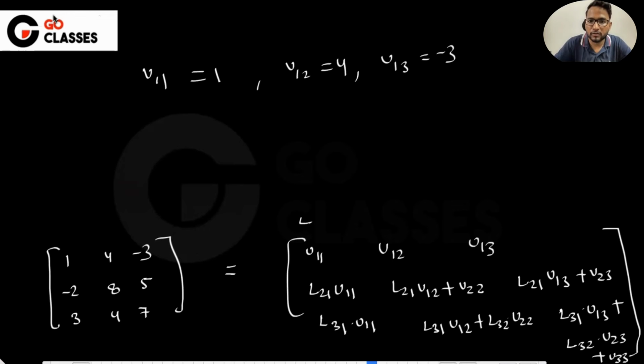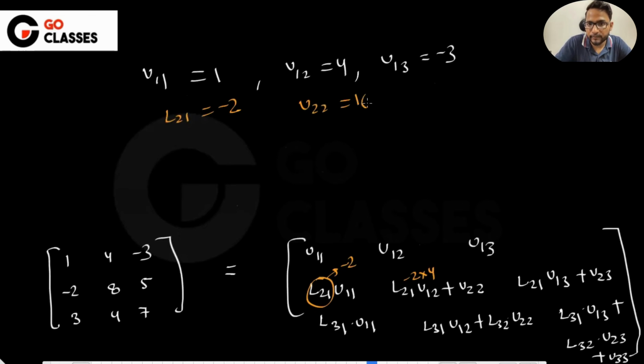So using this U11, you can find out L21. How? L21 into U11 is minus 2, and this U11 is 1, so L21 will be minus 2. And since this is minus 2, into U12 which is 4, that is minus 8. Then U22 will be minus 8 plus 8, which is 16, right?